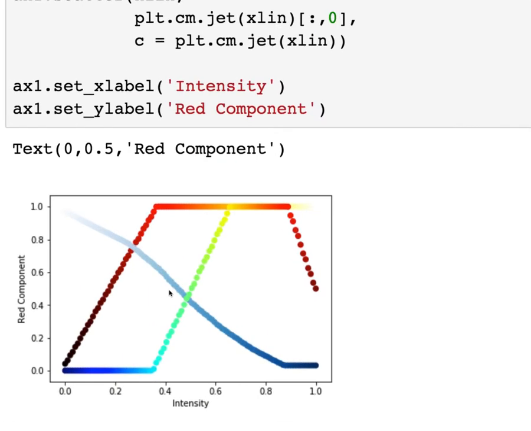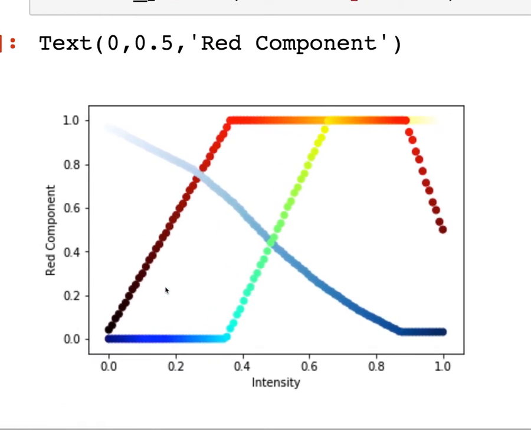You can look at the code if you're interested, but the focus here is that we have an intensity between 0 and 1 for our signal, and now we can show on the y-axis what that red component is. There's no requirement that this is linear. There are all sorts of different functions that can be used based on how you want the person who's looking at your image to perceive it.